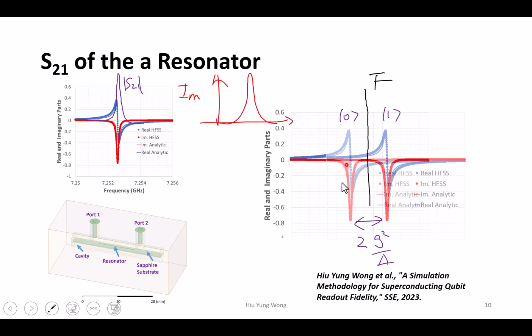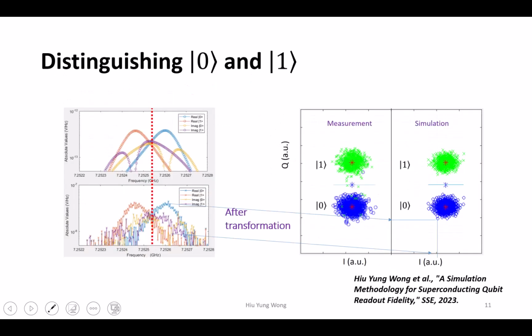But if you have 1, I say it wrong, the real part is blue, right? So when the state is 0, your real part is negative. But when your state is 1, your real part is positive. So I just measure that frequency. If I get negative, I know, oh, this is the 0 state. If I get positive, I know, okay, this is the 1 state. Right? And that is exactly what we would do.